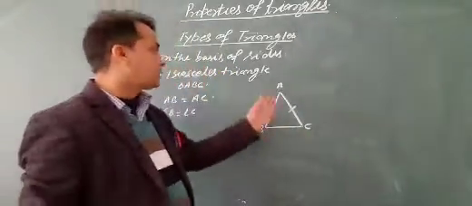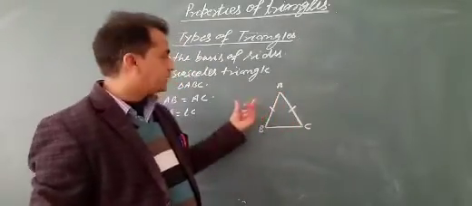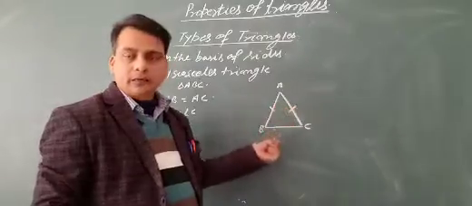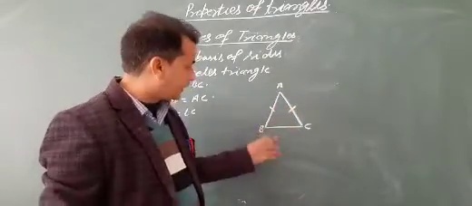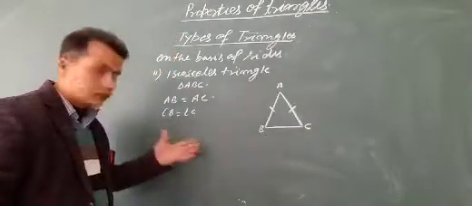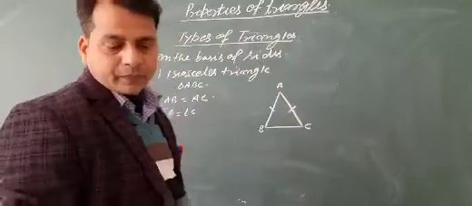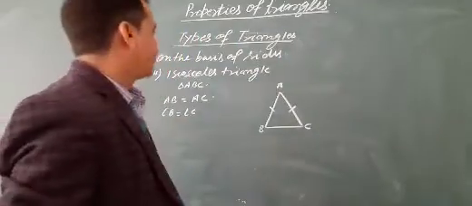If triangle ABC is given, two sides AB and AC are equal, then the base angles, angle B and angle C, are also equal. Now the next type of triangle is the scalene triangle.